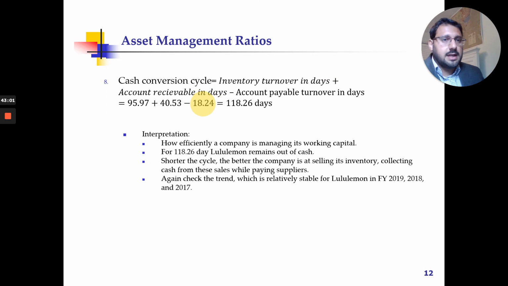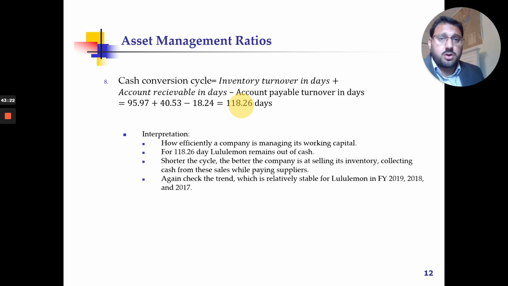So for 18 days you are not supposed to be worried. The total of almost 136, by subtracting this 18, is down to 118 days. So the cash conversion cycle of Lululemon is 118 days.